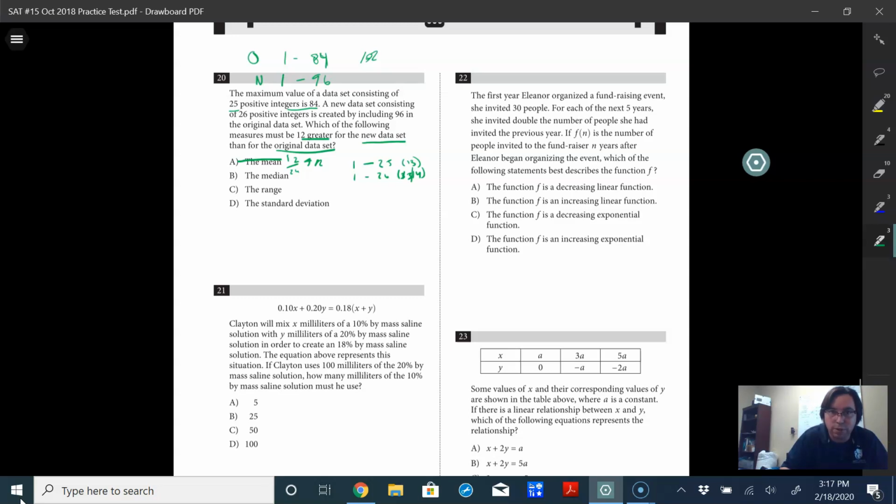We know the most on the first one is 84, and the second one's 96, so there is a differential. It doesn't matter what number you're coming from, whether that's 1 or say 30, you're still increasing it by 12. And the standard deviation has some variation around the mean, so you won't have that much change. So C is the answer choice here.